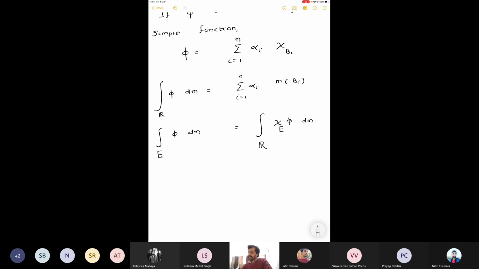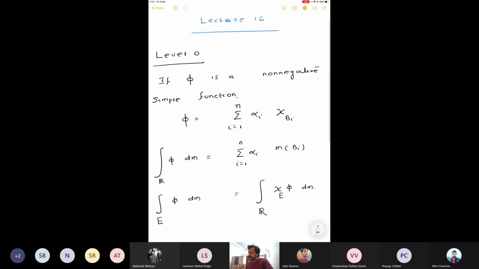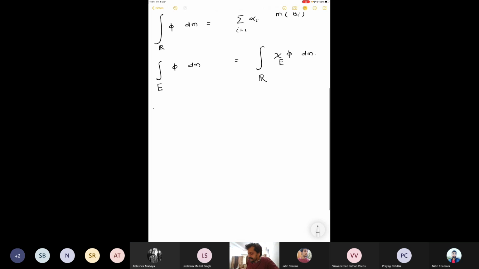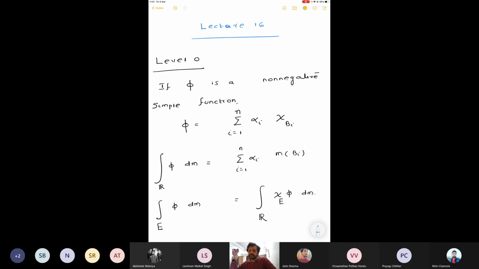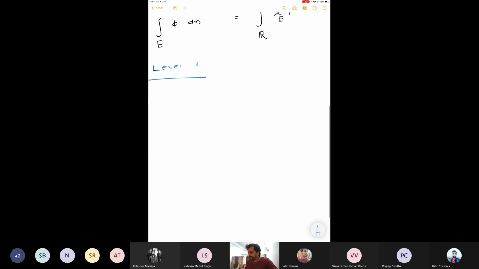Yes, sir. Now level 1 is as follows. That's what we were discussing yesterday. We want to integrate more general functions, not just simple functions. We started with a bounded measurable function.